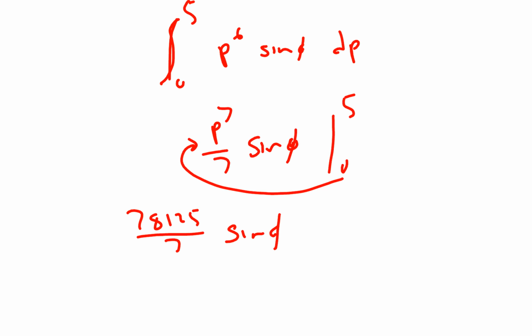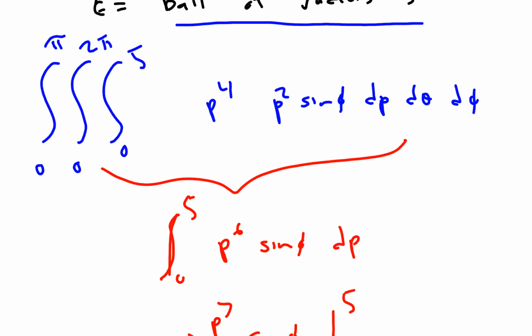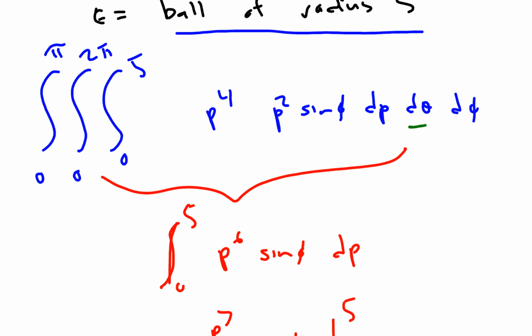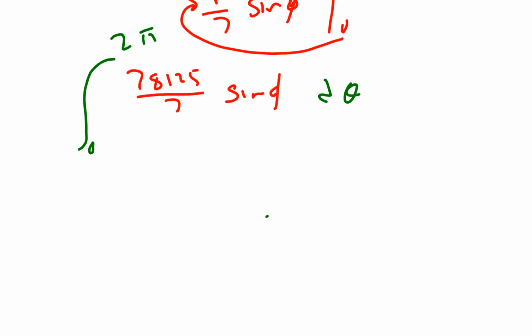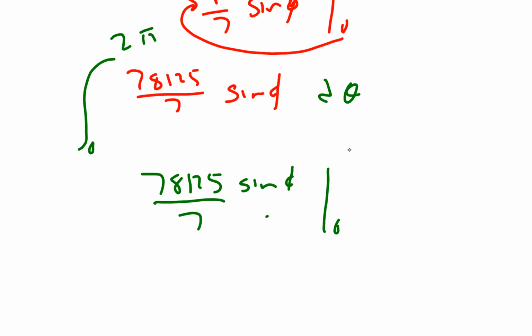The next integral we needed to do, if we look carefully, is for theta. And that's with these limits of integration, 2 pi and 0. So integral 0 to 2 pi d theta. We notice there's no theta in here at all. So the antiderivative is just 78,125 sine phi over 7, evaluated from 0 to 2 pi. Oh, sorry, and this gets multiplied by theta.